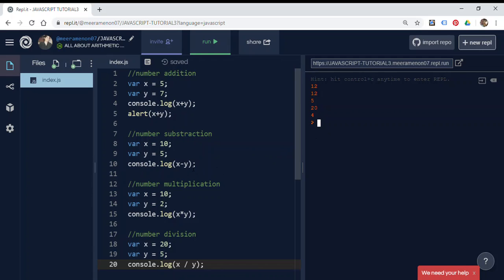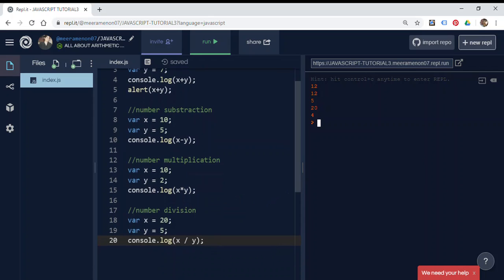The console.log is for the value to appear on the screen, or the alert, but the actual operation is, as you can see here, x plus y, x minus y, x multiplied by y, x divided by y.